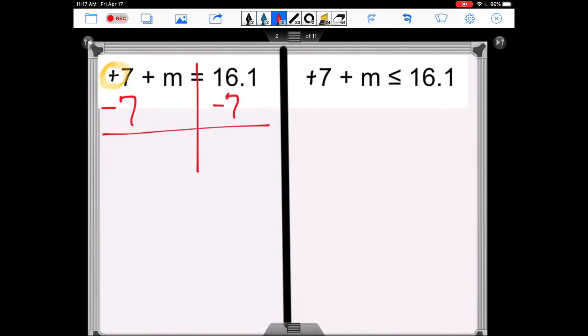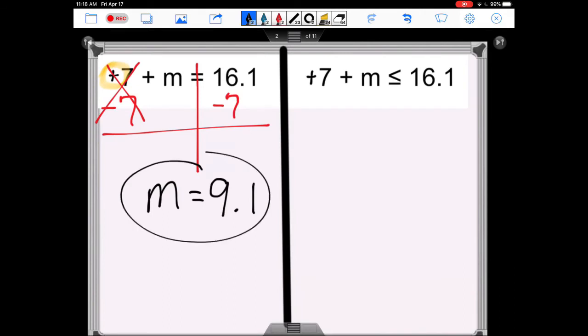A positive 7 and a negative 7 make 0. They're gone, and we're just left with m. And 16.1 minus 7 is going to be 9.1. And those will be equal. So m equals 9.1.